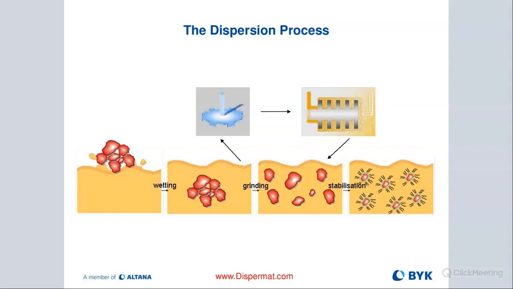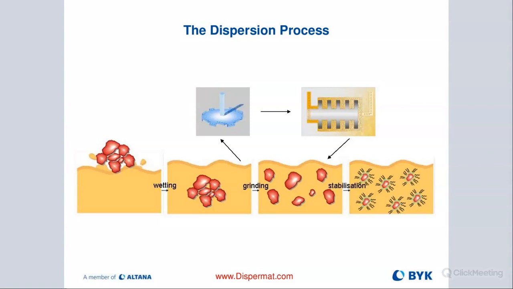So this slide, I think, is really nice. It shows you the process. First, again, you start with the standard blade to really bring down the larger particles and break up these binding forces. We're also wetting during that process. And once we're at roughly 20 to 30 microns, that's when we would start the media milling process.